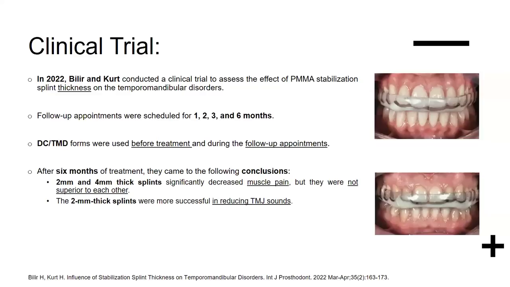Where did they measure it? Looking at the image, I'd expect they measured it anteriorly, while our recommendation for the acrylic, because of its structural weakness in prolonged use, is that the 2 millimeters should be posterior.